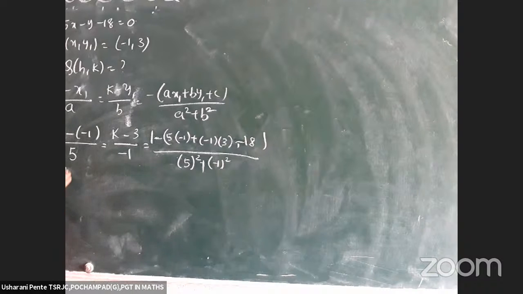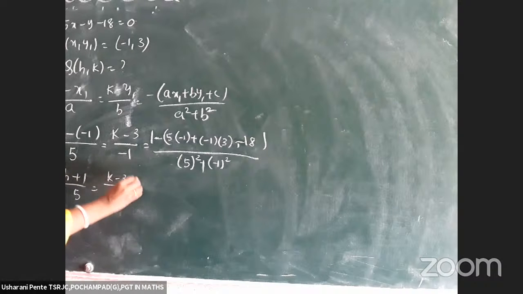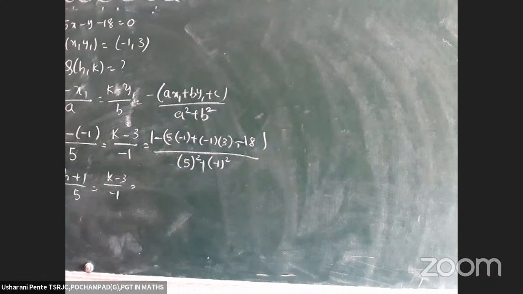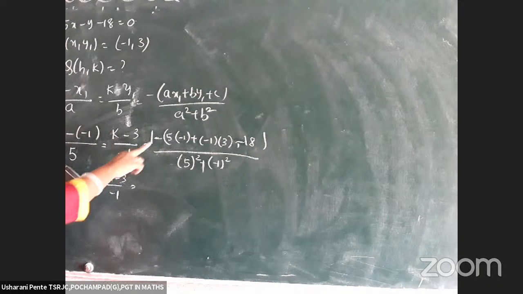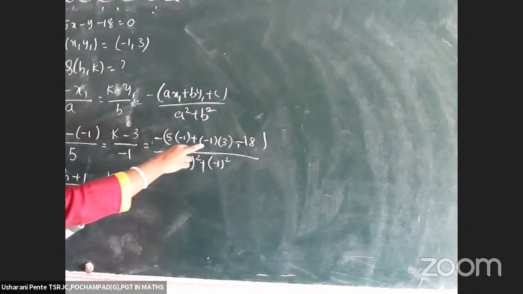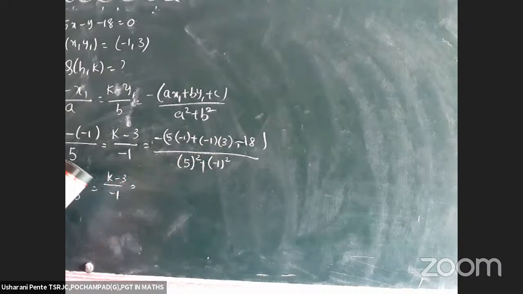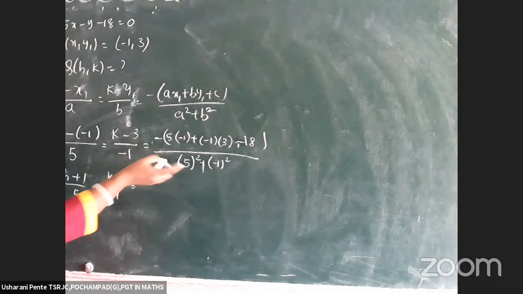That is equal to minus of minus plus, that is 5, (k minus 3) by minus 1. So how much will we get? That is minus 5, minus 5 minus 3 is minus 8, minus 8 minus 18 is 26.